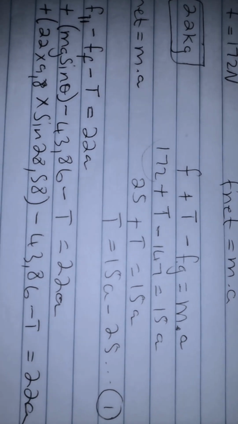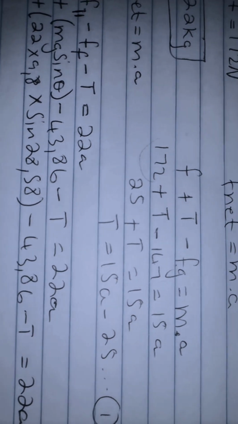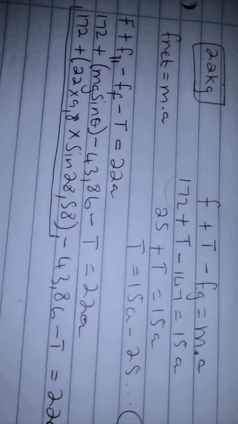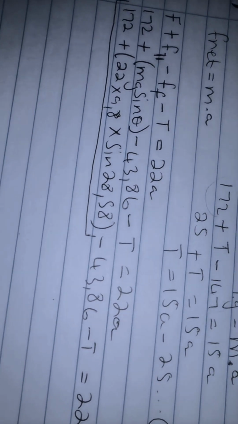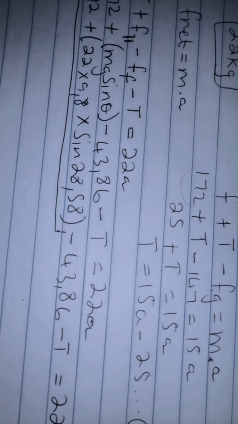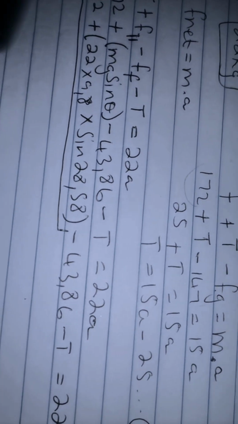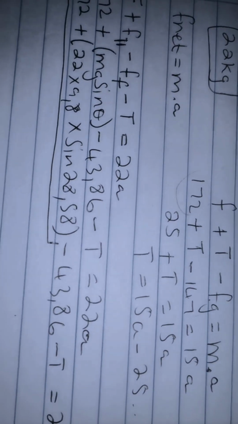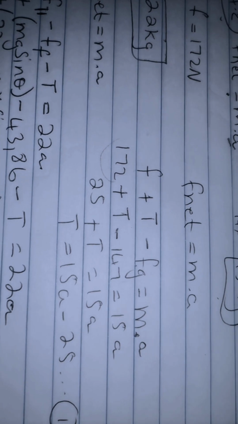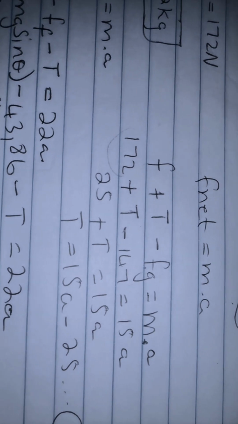So now I'm going to put the whole thing on the calculator. If I put that on my calculator, I say 172 plus bracket 22 times 9.8 times sine 28,58 closed bracket.